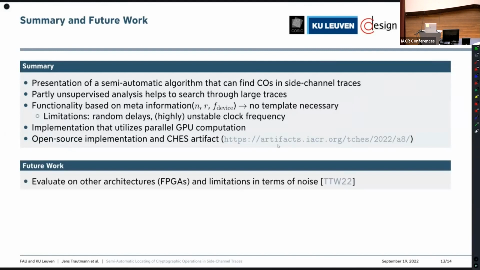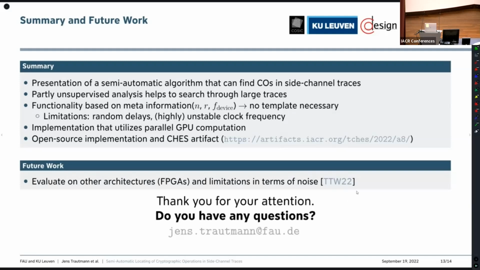For future work, we evaluated this technique and method on different architectures, especially FPGAs, and looked at the success rate that we could have with noisier recordings of FPGAs, and this was published at the FCCM this year.